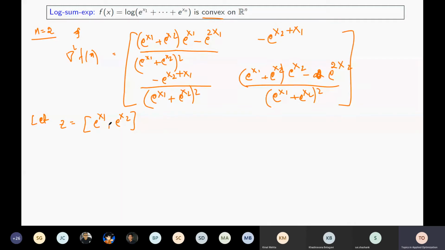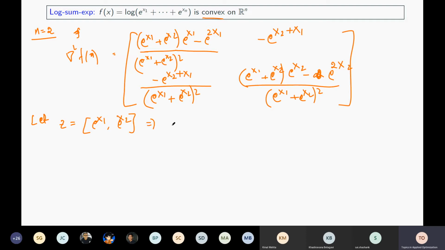So I mean, z will be the sum of this, because ex1 plus... no, okay, so z will be a vector only. Let me put z to be a vector, because then I will define a product.